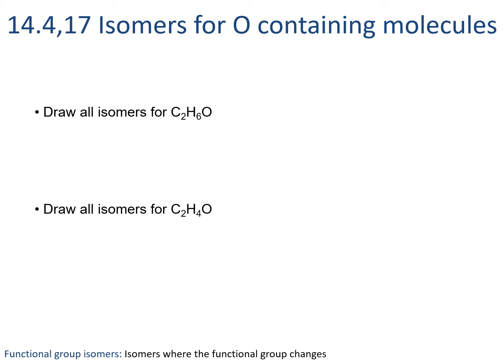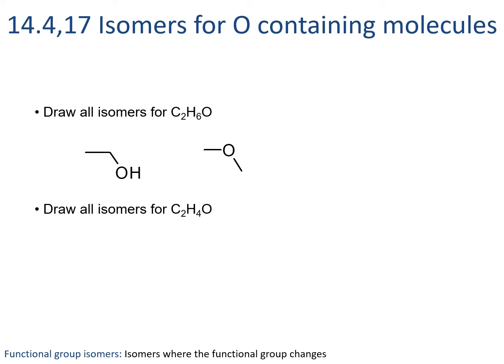So if, for example, we have C2H6O for a formula, we have the same index of hydrogen deficiency as we'd have for just the C2H6. This, in this case, is in the form of twice as many hydrogens as carbons plus 2 extra, C2H2 times 2 plus 2. So we'd have an index of hydrogen deficiency of 0, and therefore no double bonds or rings.